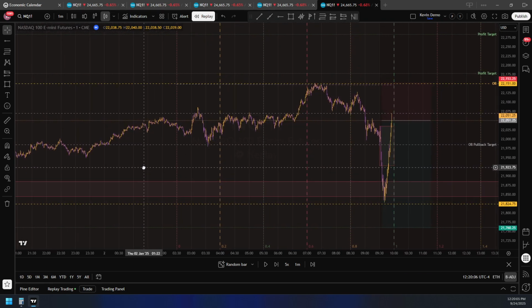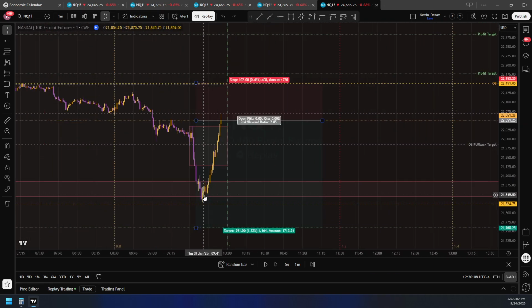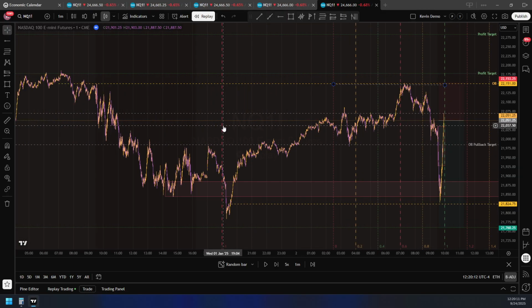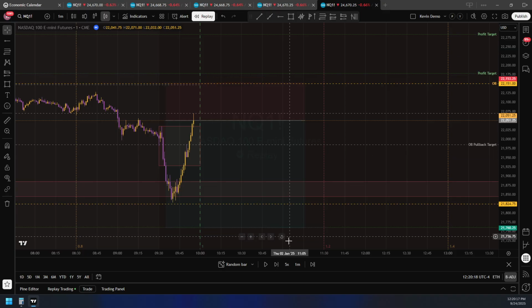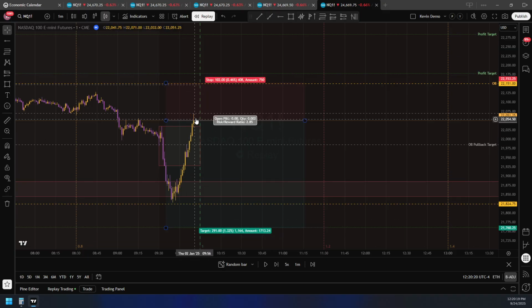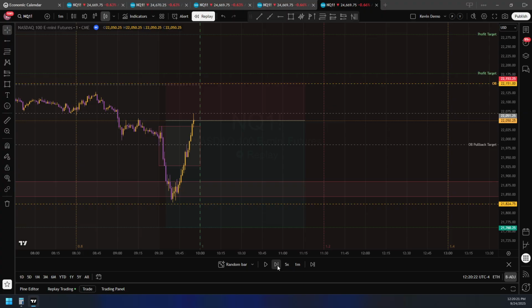So they drop the price right into there and then bounce up. That actually is a very bullish move. The price is probably going to go hit that original target. So we missed the opportunity. I don't think it's going to turn around. We'll see though. It could.